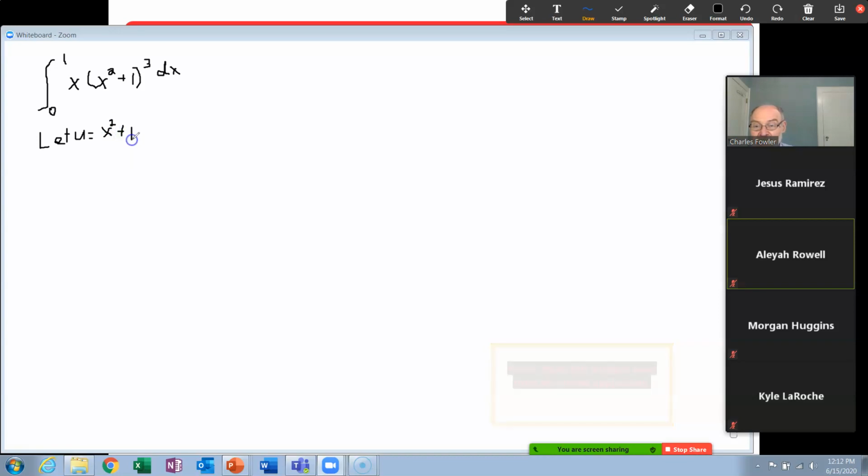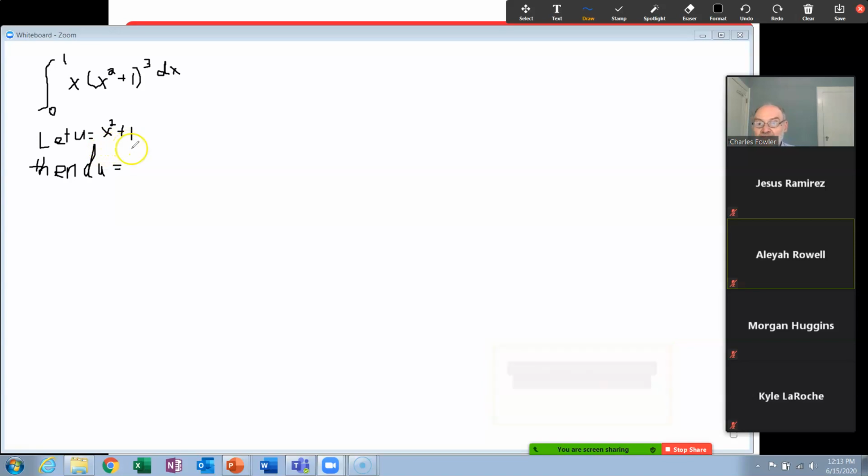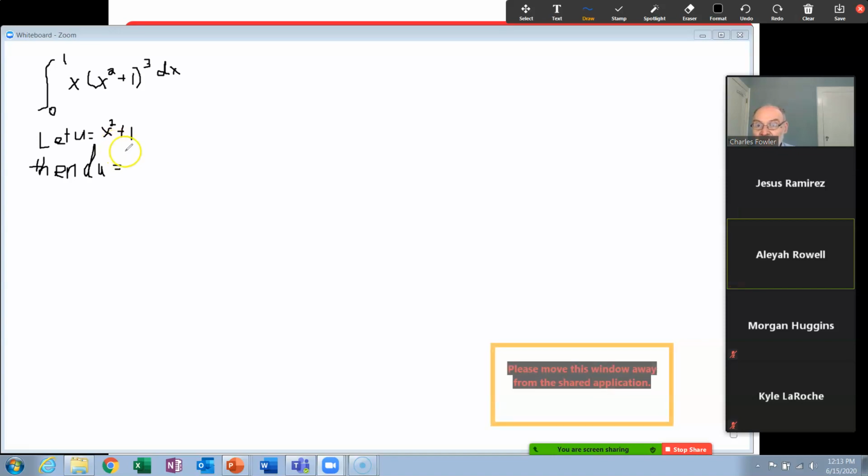And your next statement is always this: let u equal this, then du is equal to, and you take the derivative of x squared plus 1, what do you get? Anybody? 2x dx, don't forget the dx.